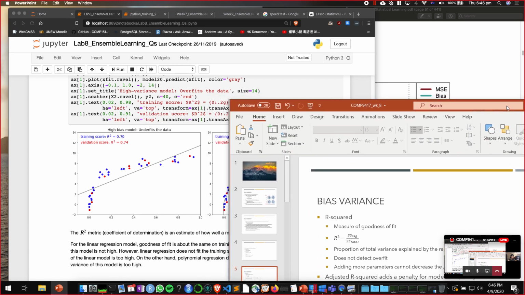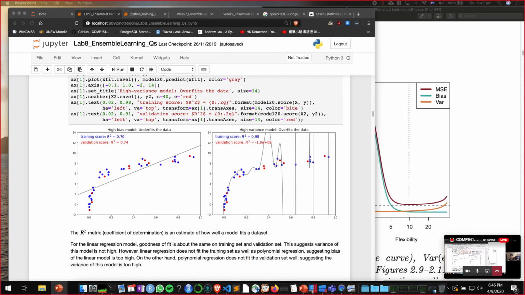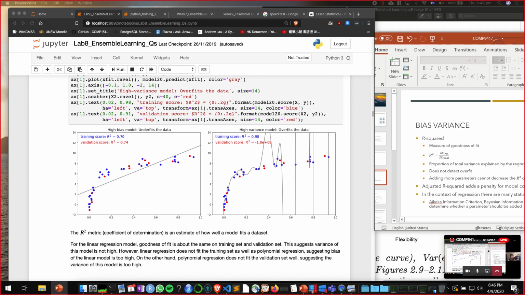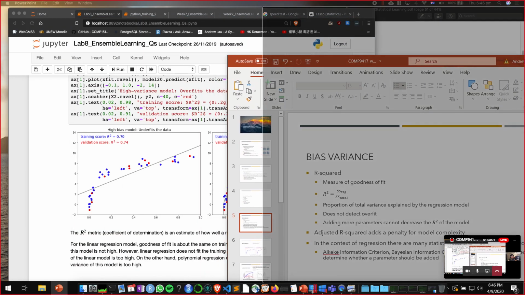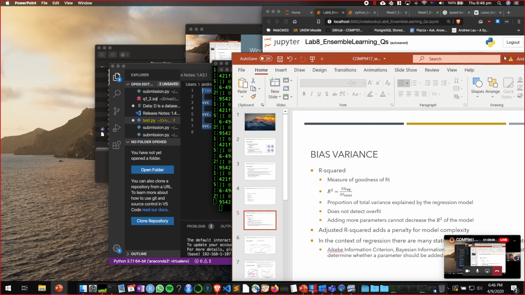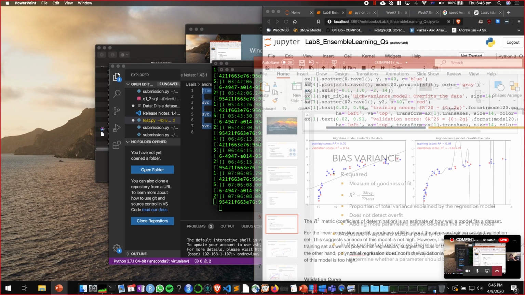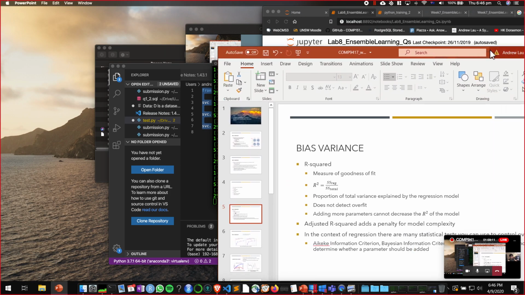So I'm just trying to get this to the side. Doesn't seem to be working. Oh, there we go. Cool. No, it didn't work. I'm not sure.